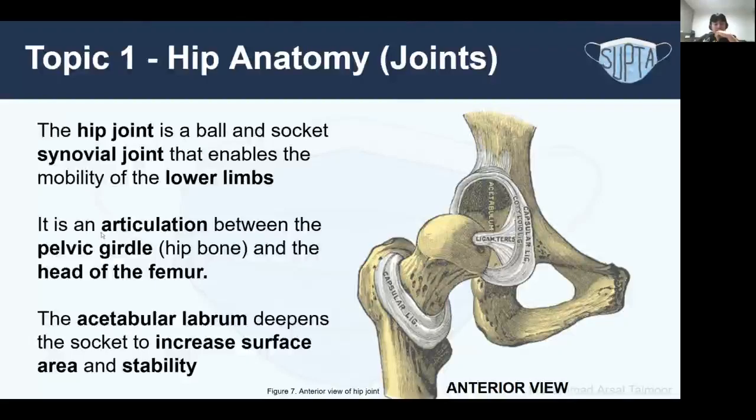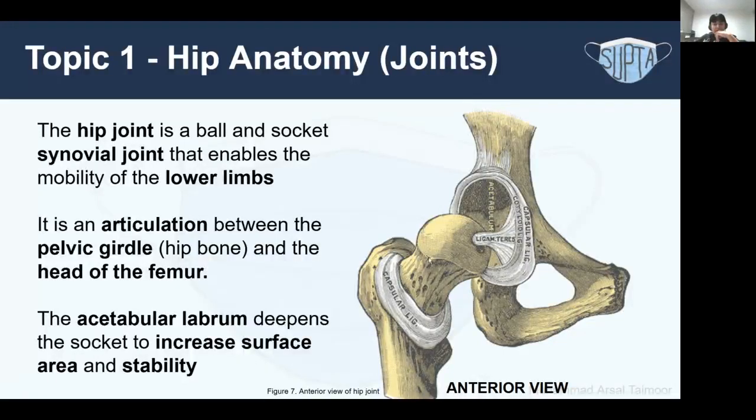And you can extend, you can flex, you can internally rotate, you can externally rotate, you can abduct, and you can adduct, right? So when it comes to joints, you got to think about stability versus range of motion. So the more range of motion, the less stability.